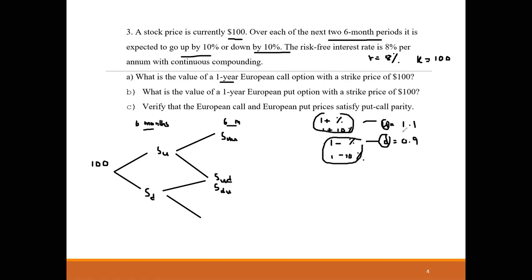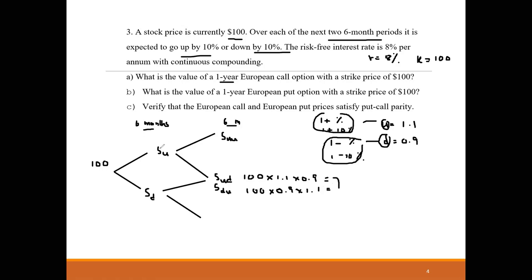So U will be 1.1, D will be 0.9. SUD will be 100 multiplied by 1.1 and multiplied by 0.9. SDU would be 100 multiplied by 0.9 multiplied by 1.1. Both will give you the same answer, because the order in which you multiply does not matter.